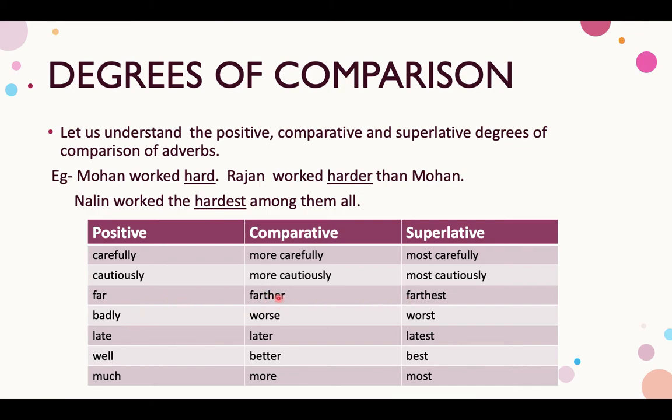So er is added and we can make it in this way also. Then there is farthest, est is added, it is the superlative degree. There are also some words like badly. Badly completely changes, like worse, worst. Again late, later, latest. Well, better, best. Much, more, most.